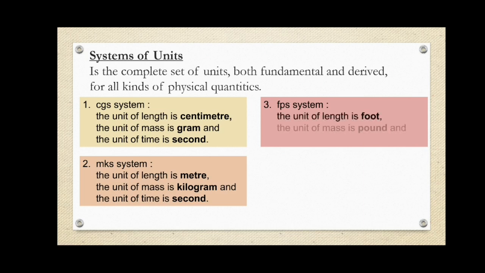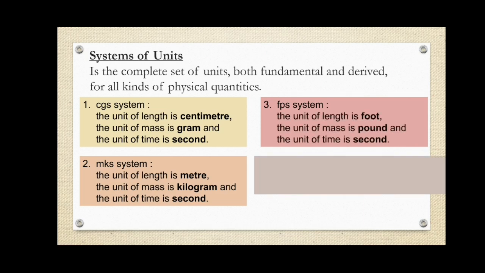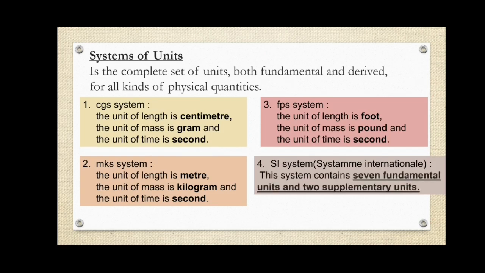F is foot, P is pounds, and S is second. And the fourth one is the SI system. S for system and I for international. It consists of 7 fundamental units and 2 supplementary units. The SI system of units is the widely used system of units.